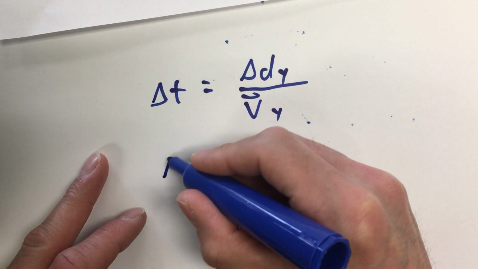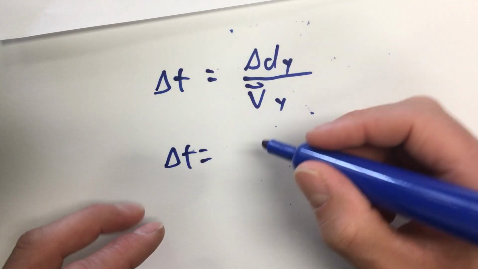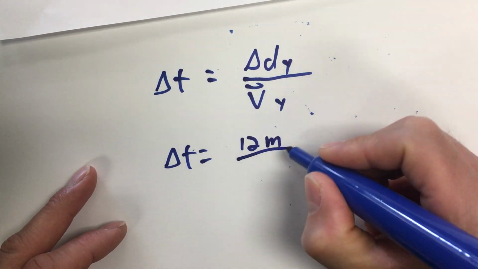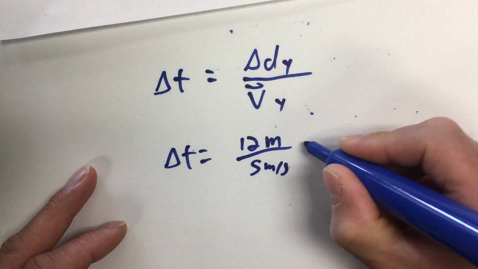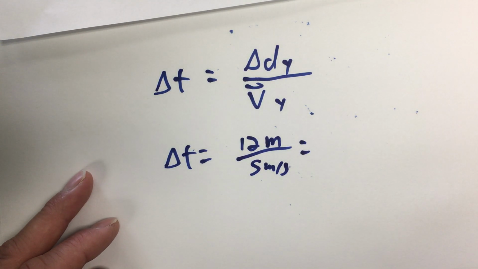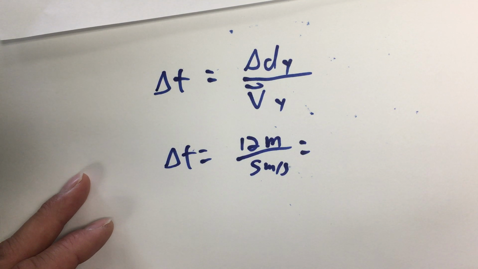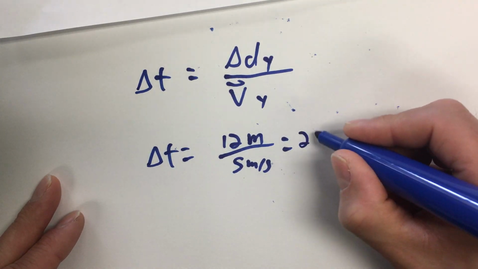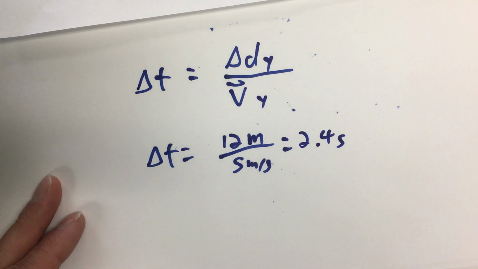So the amount of time that he takes to cross the river is going to be 12 meters divided by 5 meters per second, which is 2.4. So this takes 2.4 seconds.